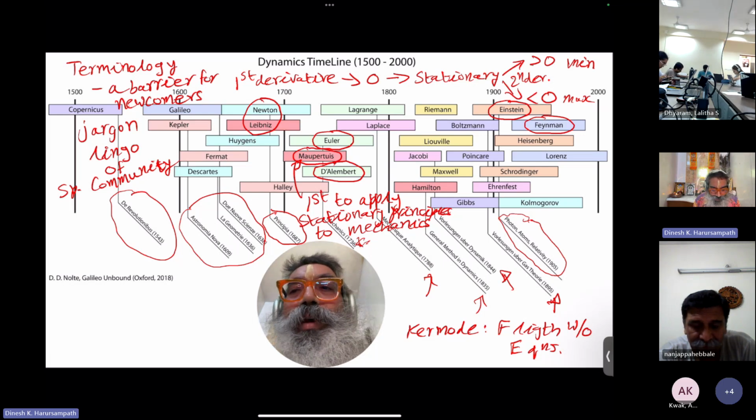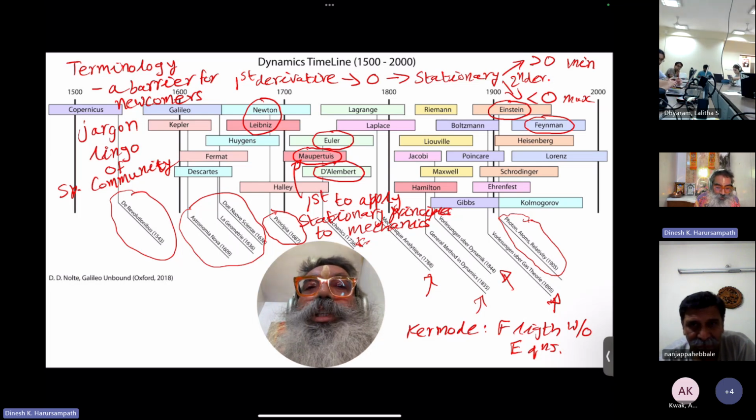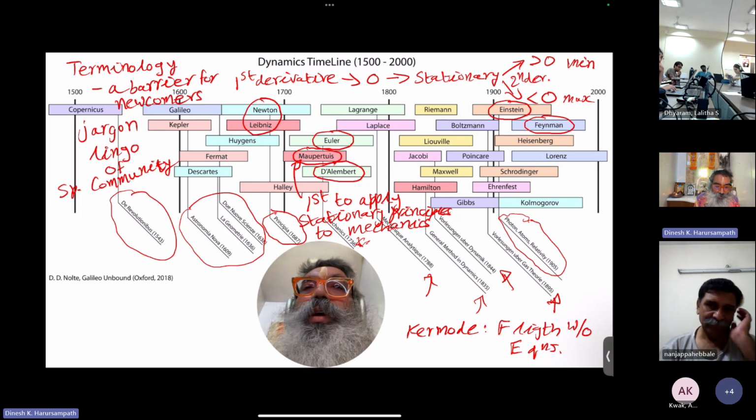I'm stressing this in particular because I think Tilak mentioned that dynamics is one of the most difficult courses. Yes, because that's the way it's unfortunately being taught or written in books. But if you actually look at it from a more fundamental point of view, it's not way more difficult than what you see in high school physics books.